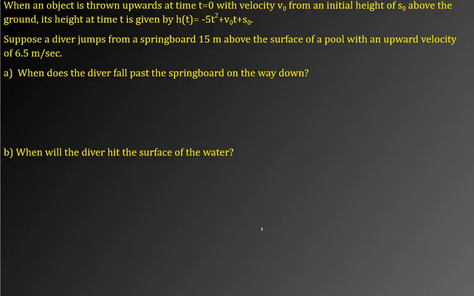So if we combine these two things, we basically have an equation, h of t equals negative 5t squared. And in this scenario, I have an upwards velocity of 6.5 meters per second. That's my velocity, so I have plus 6.5t right there.